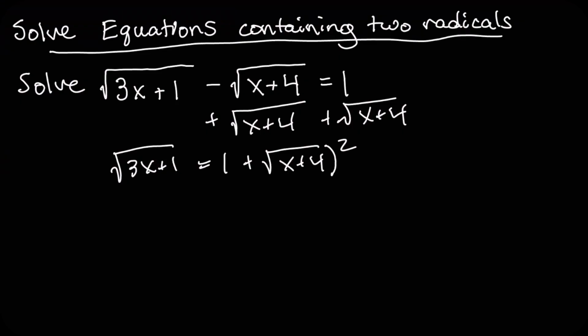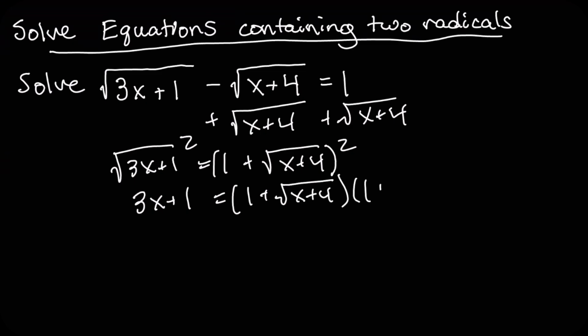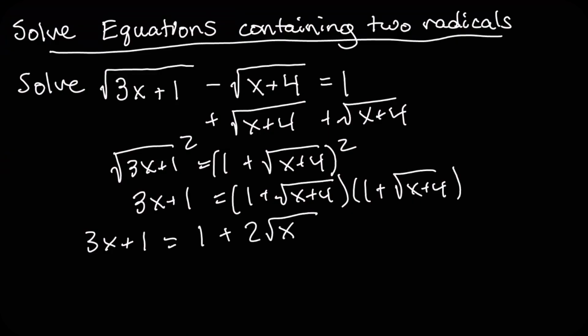Now this will be 3x plus 1, and that's going to be equal to, and really this is, 1 plus the square root of x plus 4 times 1 plus the square root of x plus 4, and you can go ahead and multiply these out. So we will be left with 3x plus 1 is equal to 1 plus 2 times the square root of x plus 4 plus, and then x plus 4.